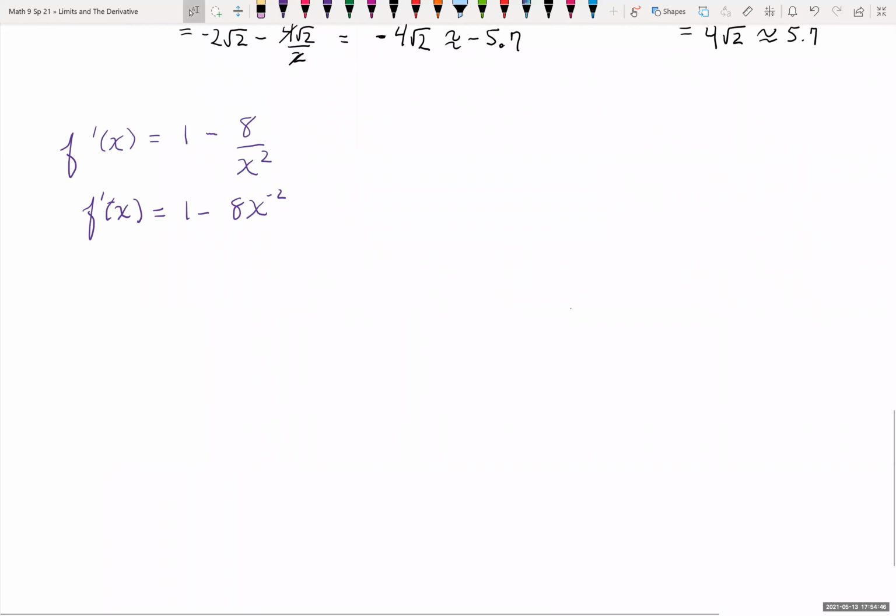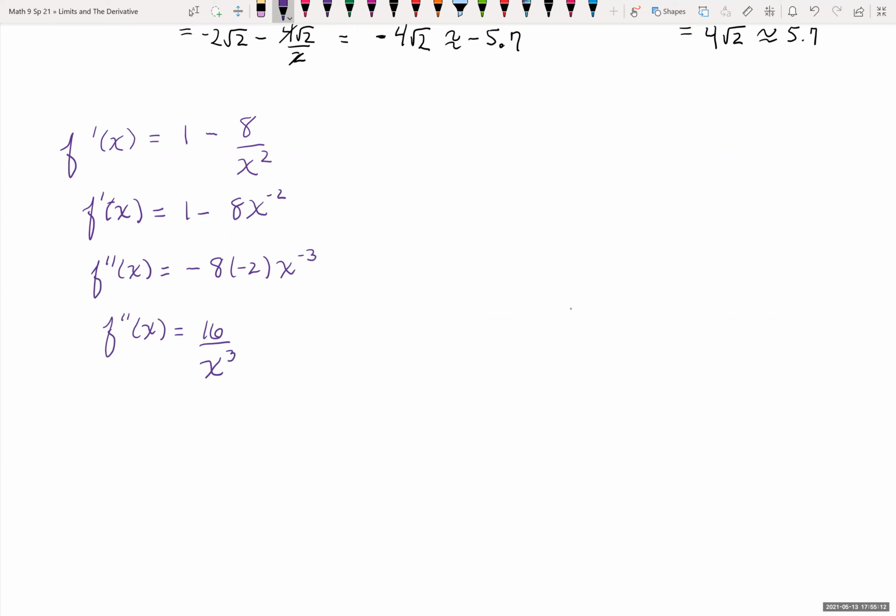So let's find the second derivative. Our second derivative, f double prime of x: derivative of 1, a constant, is 0, minus 8, bring down our power, negative 2, subtract 1 from our power, which is negative 3. So the second derivative equals 16 all over x cubed.